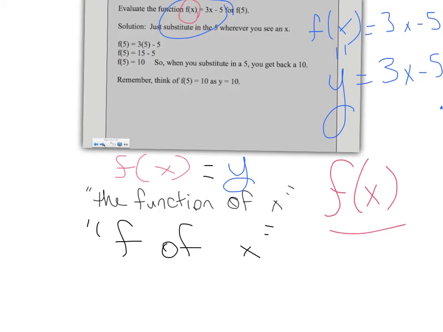Your function of x is what creates your output. So when we're talking about this, you're just saying what happens when I plug x into an equation, I get this output, which is a function.